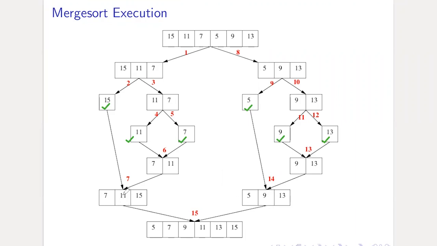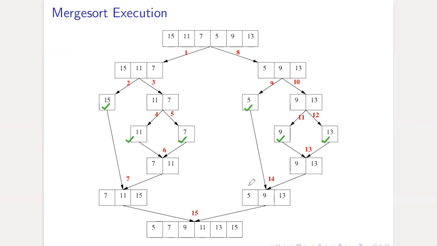Then 11 will be compared against 9, and because 9 is smaller, 9 will be put there, and the index here will move to 13, and this index will remain at 11. Then 11 and 13 will get compared, and 11 is smaller, so it will come here, and the index will move to 15, and here the index will remain at 13.